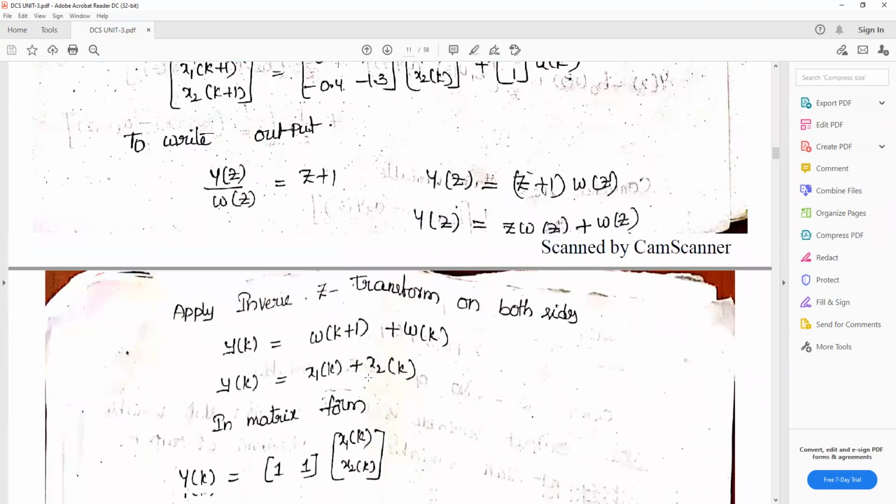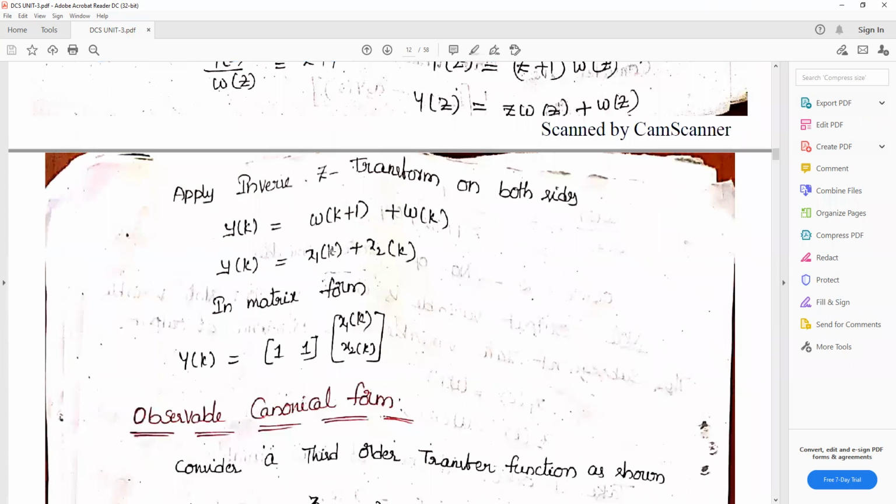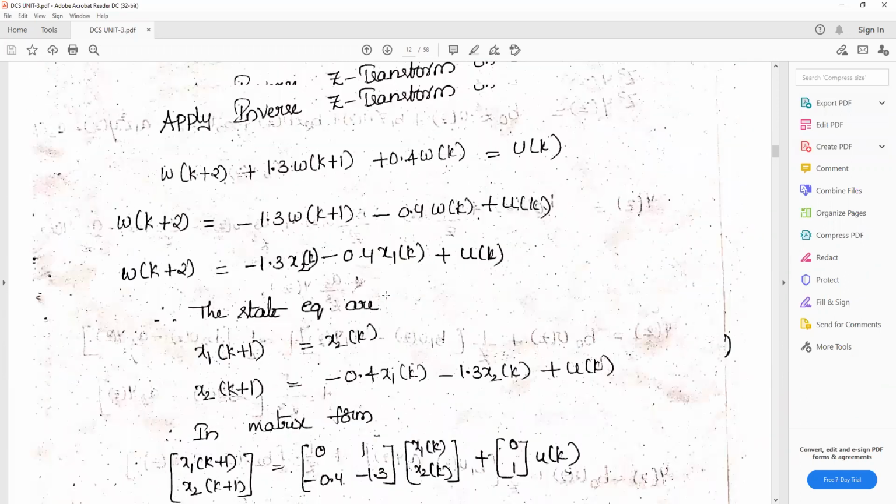As already told, omega of k plus 1 is x2 of k and omega of k is x1 of k. In matrix form, with x1 and x2, the coefficients are 1 and 1. So this is the construction of the state space representation.